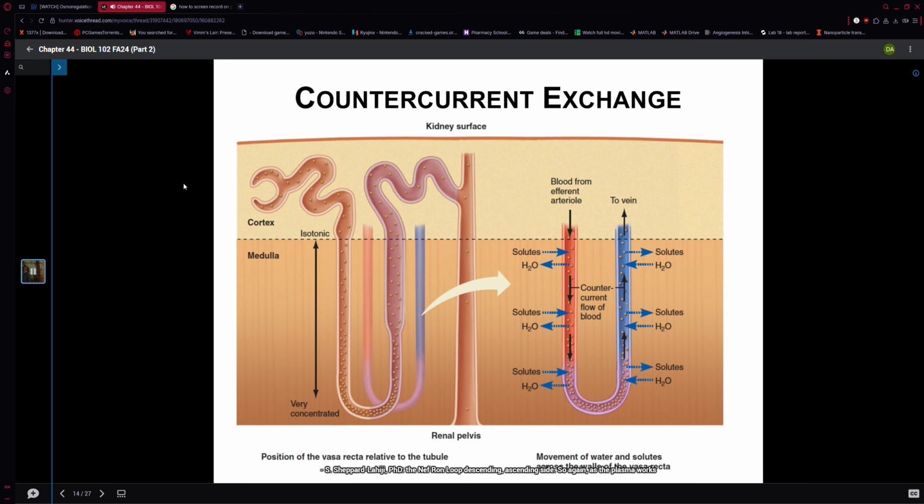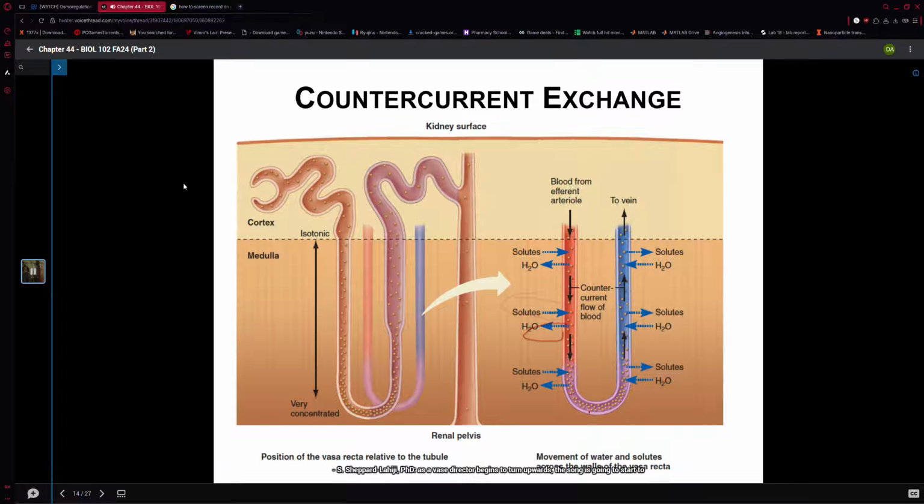Again, as the plasma works its way towards the medulla, it enters a region that is increasing with respect to concentration. In response to that concentration, there can be movement of those solutes down their gradient, and movement of water out into the surrounding fluid, both trying to achieve as equal a concentration on either side as possible.